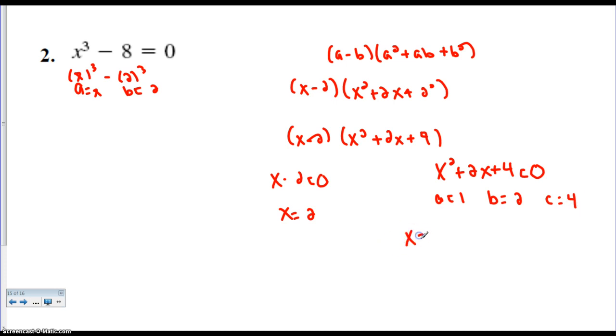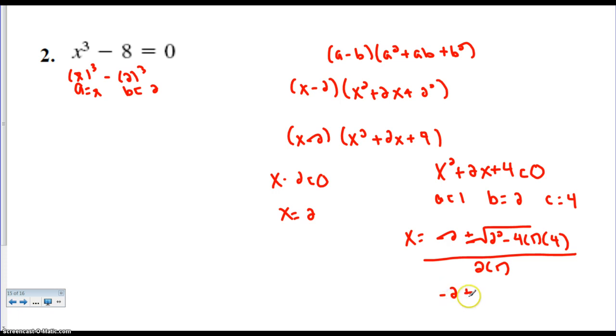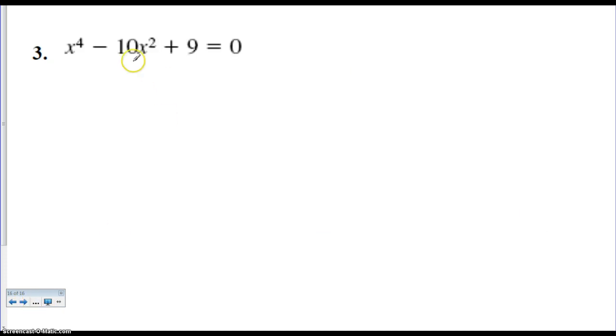So x equals negative 2 plus or minus the square root of 2 squared minus 4 times 1 times 4, over 2 times 1. So I have negative 2 plus or minus the square root of negative 12, over 2. That's not a real solution because I'm taking the square root of a negative. So whenever I factor a cubic, there's going to tend to be only one solution, which is x equals 2. So let's look at this one.